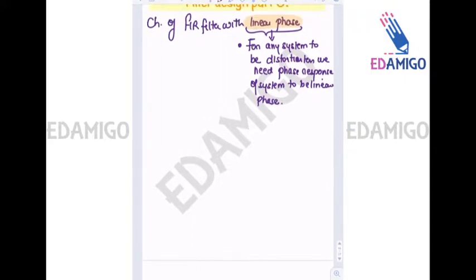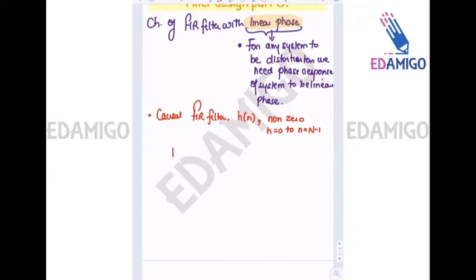Now let us take a causal FIR filter. So causal FIR filter means h[n] will be 0 for n less than 0 and we are taking h[n] non-zero for n equal to 0 to n equal to capital N minus 1 only.